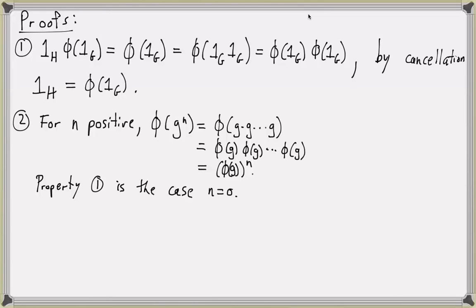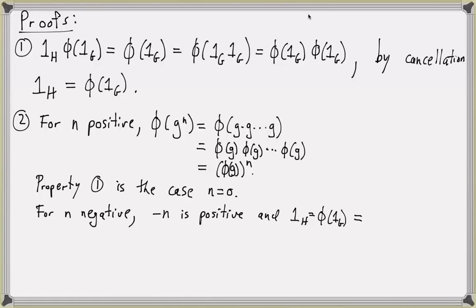So now let's assume that n is negative. Well, then negative n is positive. And we know that the identity element of H equals phi of the identity element of G. But then I can rewrite this as phi of g^n times g^(-n).